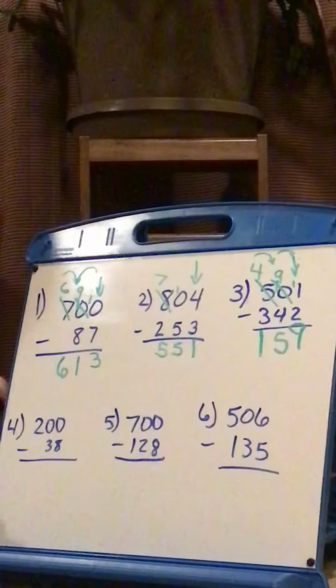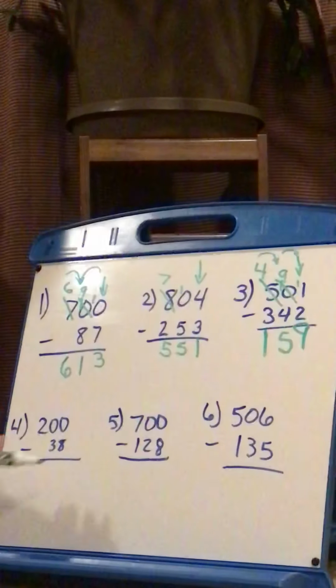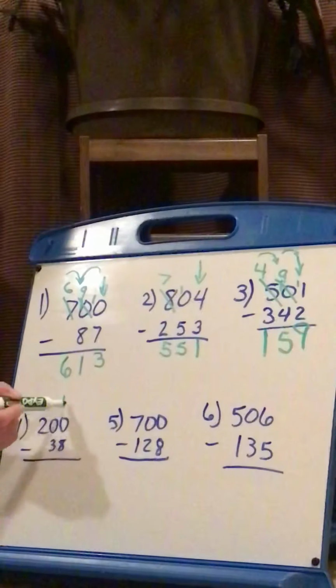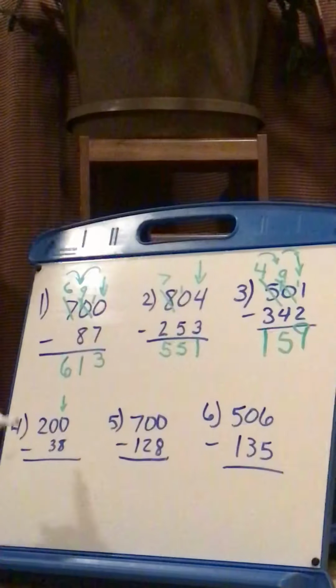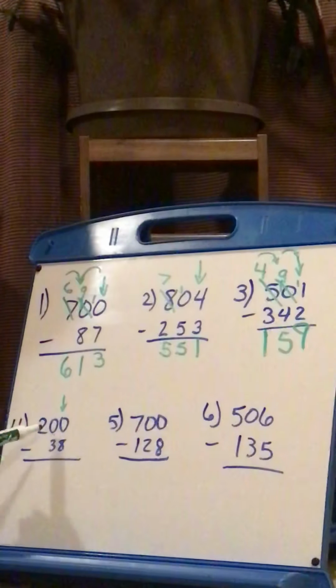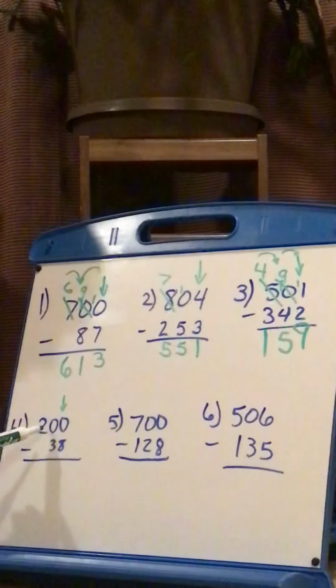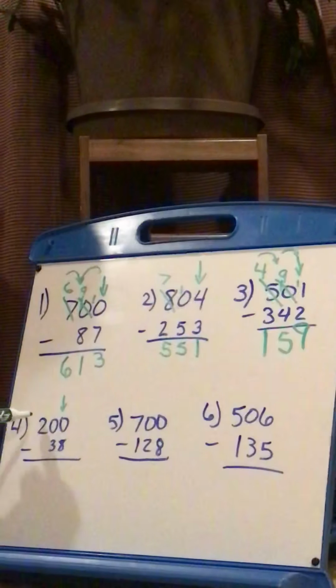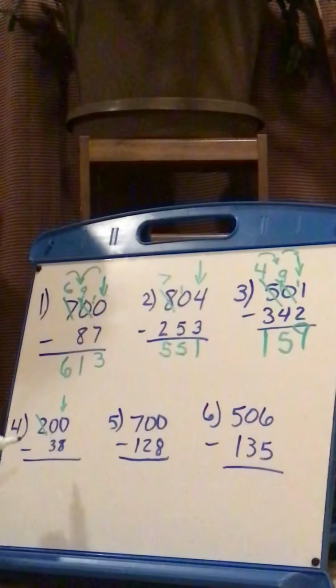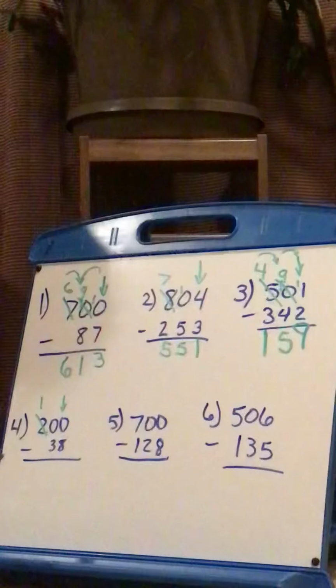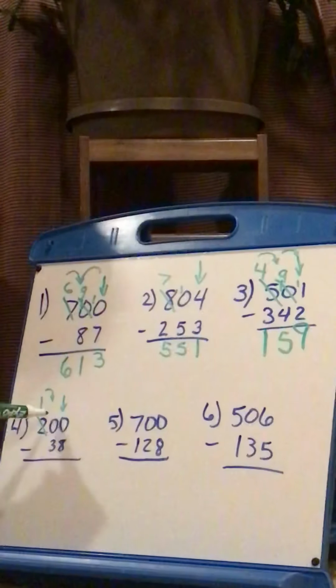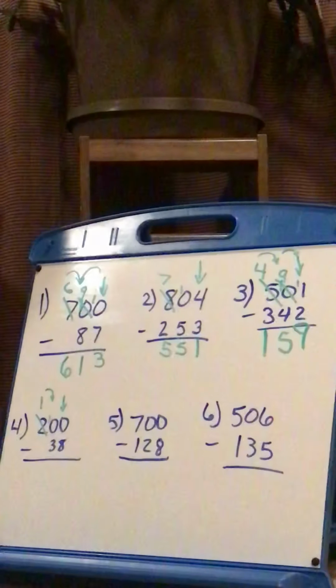Let's go to number 4. Okay, I'm going to start in the ones column. I have 0, so I have to borrow. So I go to the tens column. That's also 0. So I'm going to go to the hundreds column. So I'm going to borrow a 10, so that's going to become a 1. Then I'm going to work my way back here. I'm going to carry that 1 here. I have 10.